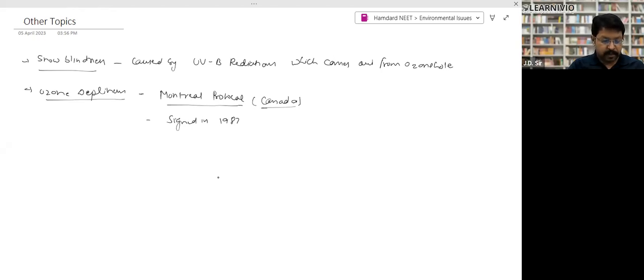Then in India, there was a movement, and that movement is called the Chipko movement. The Chipko movement was against deforestation, and it was started by the local women from Garhwal. When people tried to cut down the trees for development, the women held the trunk of the tree and said, first cut us, then cut the tree.